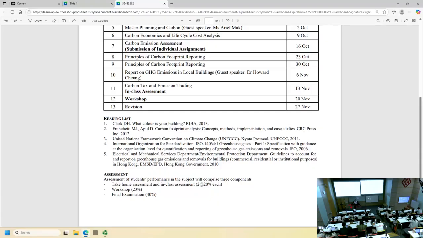The workshop is also 20%, and it is a group assessment, while the assignment and in-class test are individual. The final examination will be 40%. So this is the assessment scheme. If you have any questions, you can send me an email.